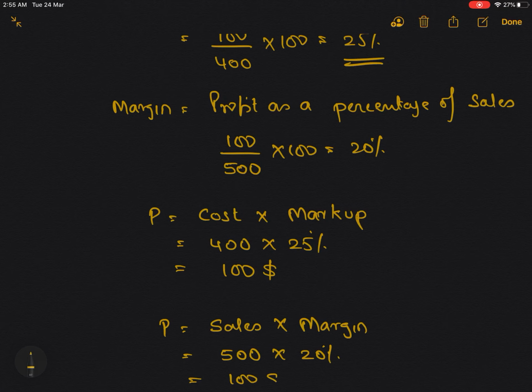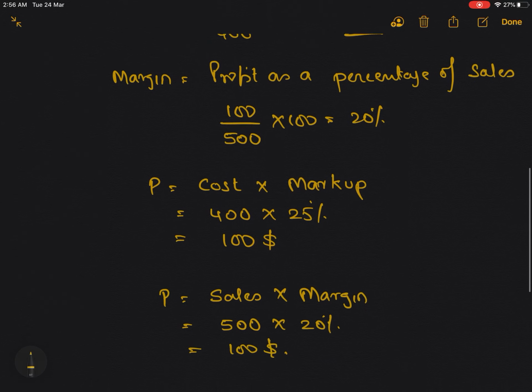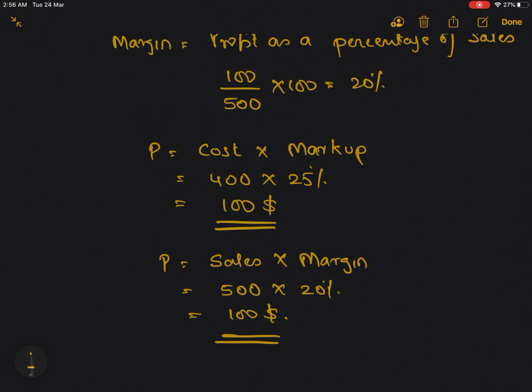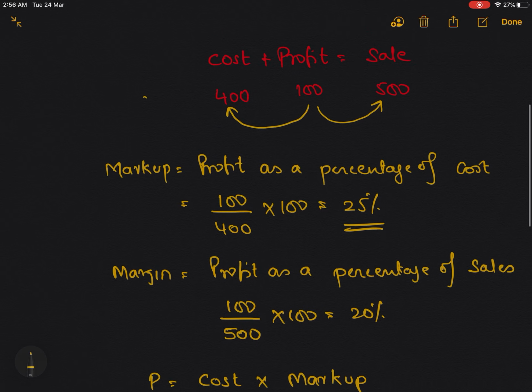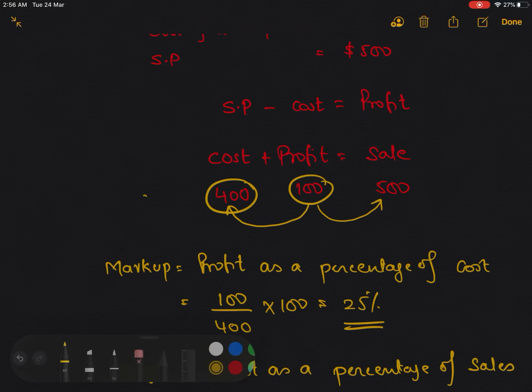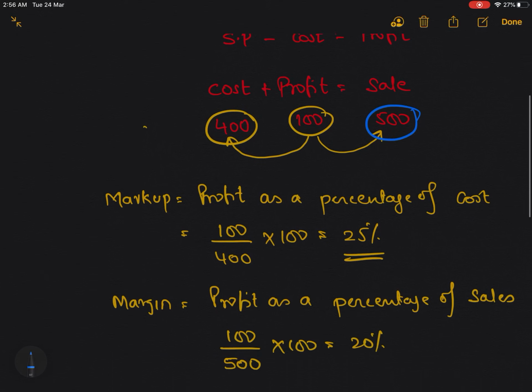That is 100. Again, it's matching. So this is nothing but the meaning of markup as well as the meaning of margin. Markup is profit as a percentage of cost, and margin is profit as a percentage of sale.